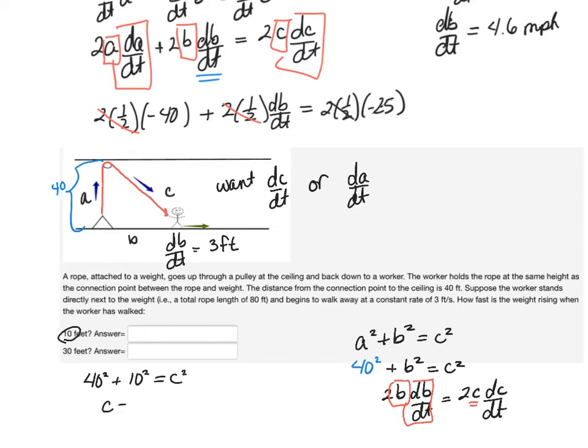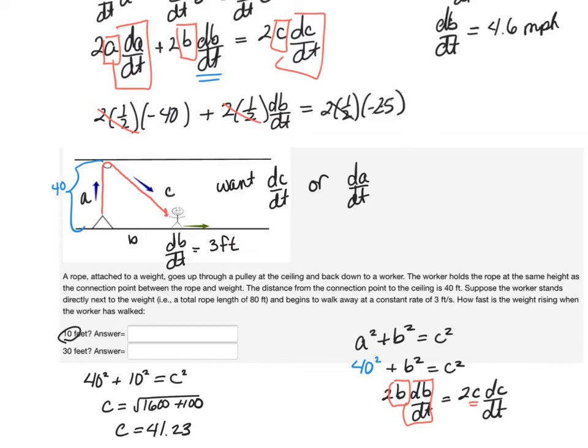So c is going to be the square root of 1600 plus 100. I'm going to get my calculator out. The square root of 1600 plus 100 gives me 41.23.